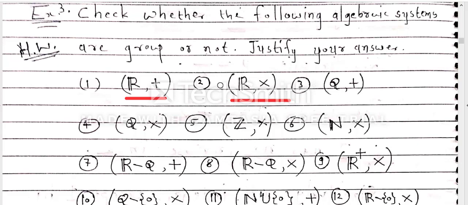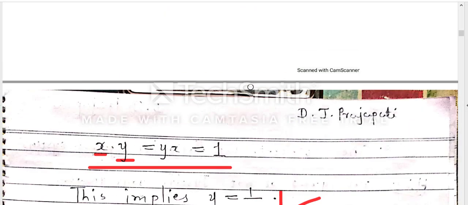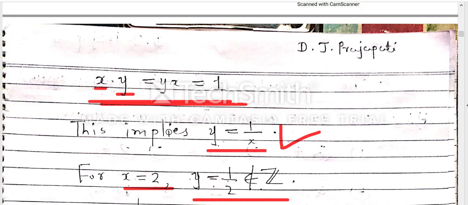What about the inverse? If we start with any real number, say x, then with the same argument as we did here, x into y must be equal to y into x equal to 1. So I will obtain y equal to 1 by x. If x is a real number, y equal to 1 by x must be a real number. But this will be a problem if we consider x equal to 0. If x is 0, y is not a definite real number.